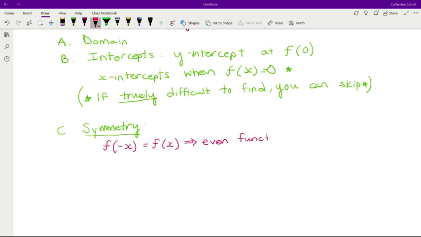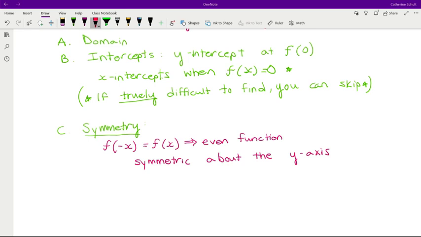And even functions, do you remember what type of symmetry they have? They are symmetric about the y-axis. Okay, so we're going to be mindful of that symmetry when sketching our curve.